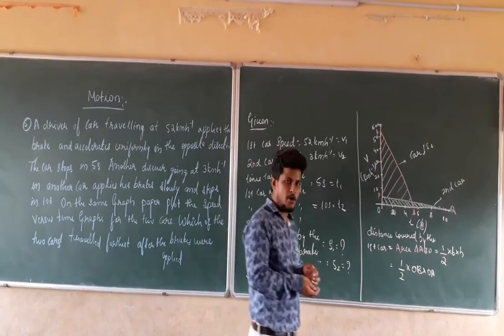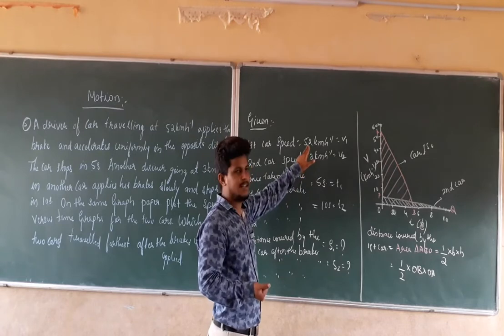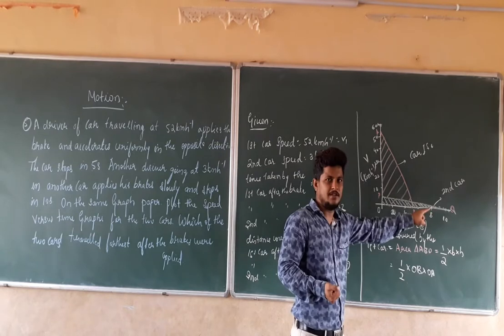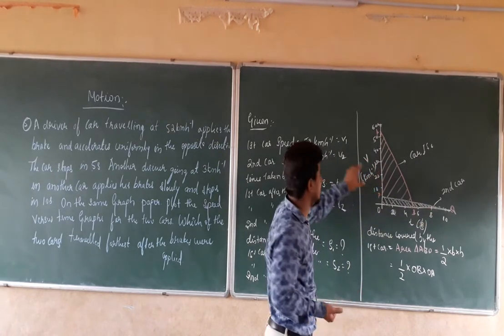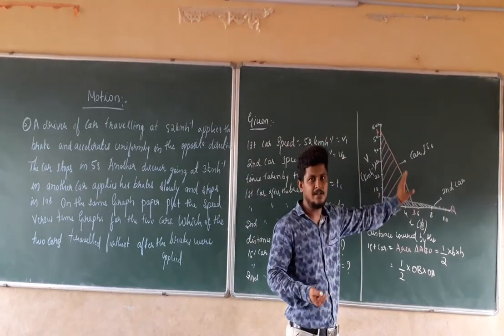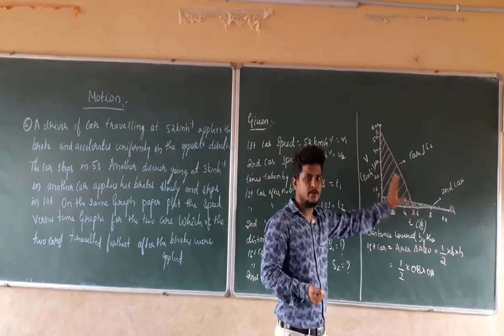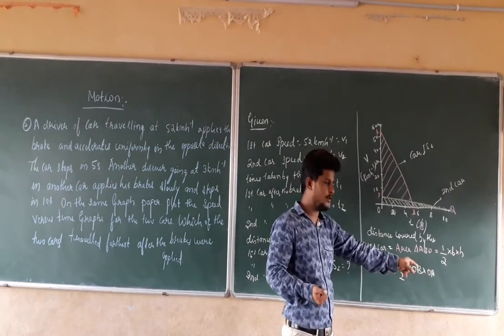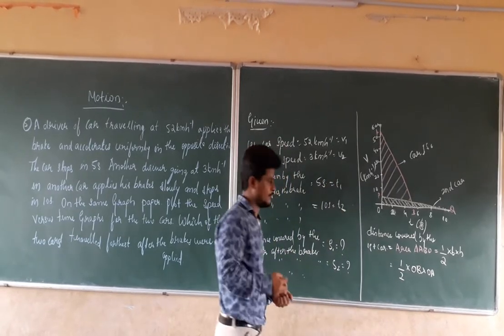Or while plotting the graph itself, you can convert these values into meter per second and use them for the calculation. That is also okay. But I am directly drawing the graph using the given data, and after that I am going to convert those values into meter per second, so that it will be easy to calculate.